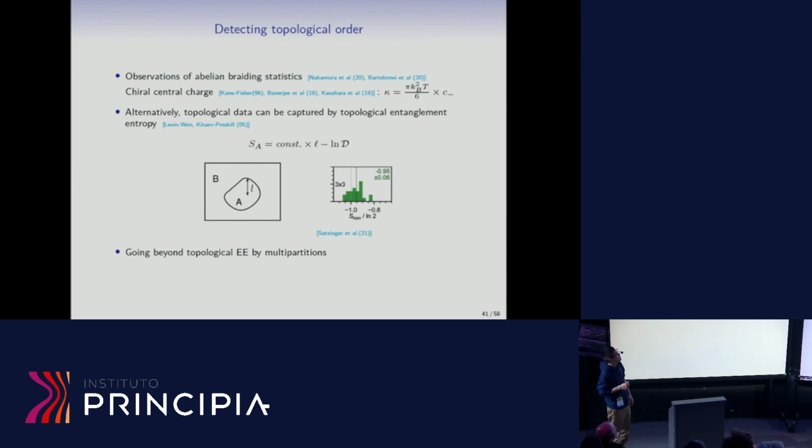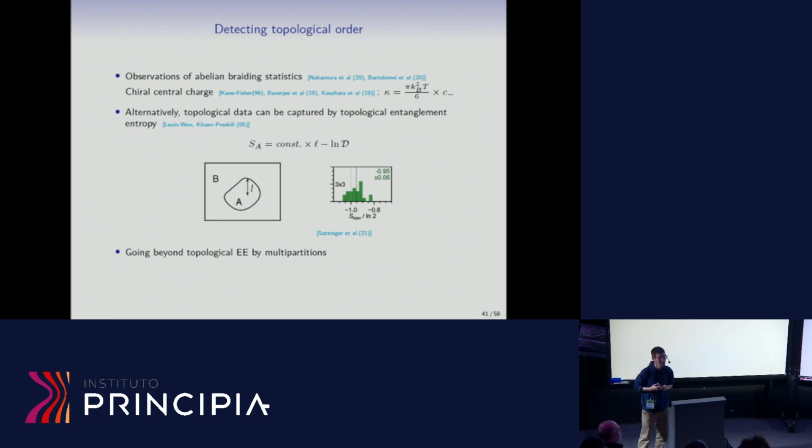On the more conventional condensed matter experimental side, there has been a lot of progress in detecting topological order. For example, braiding statistics has been measured, and I'm going to talk about something related to the chiral central charge, or central charge, which is another important ingredient to characterize topological order.